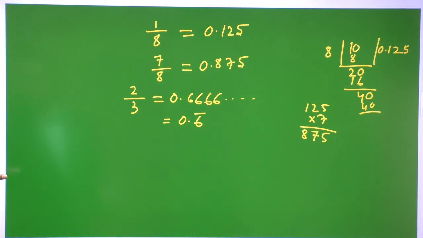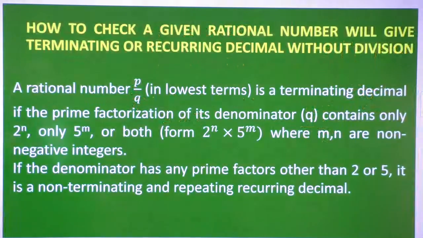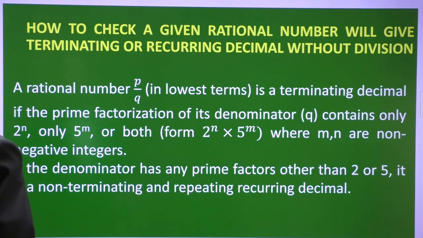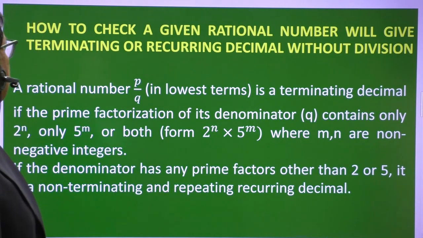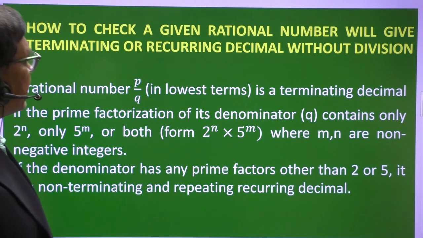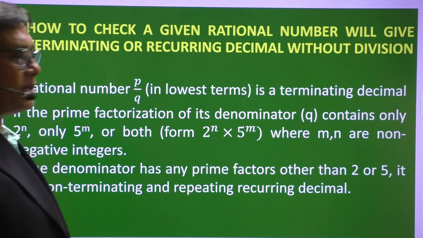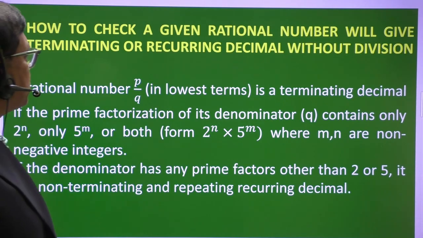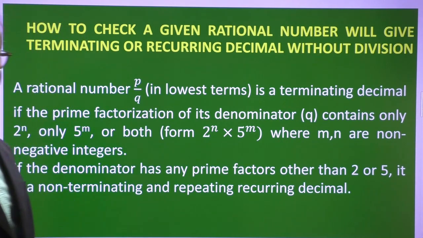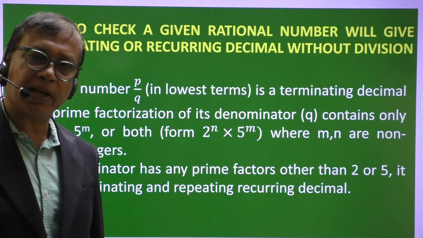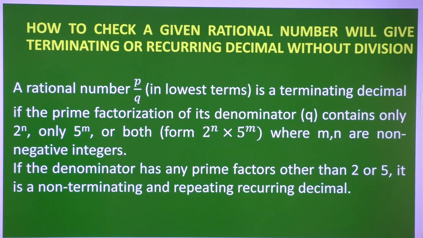Now, the next point I'll discuss is how to check whether a given rational number will give a terminating or recurring decimal without division. Without actual division, how can you check whether the given rational number will give a terminating decimal or a recurring decimal?